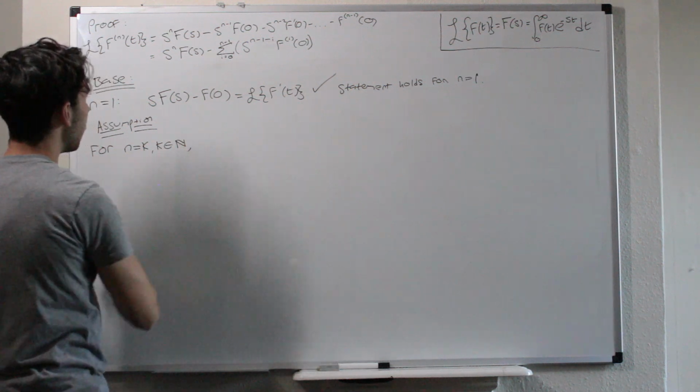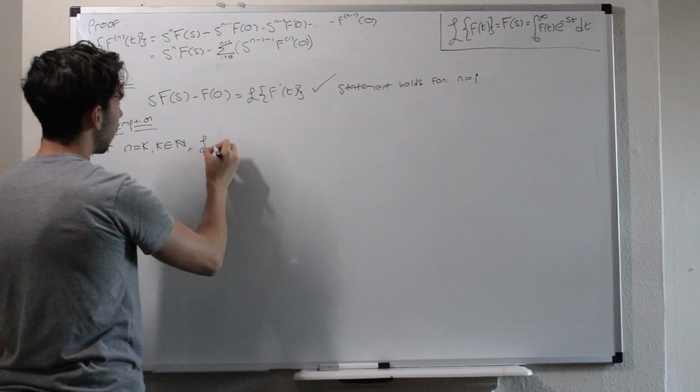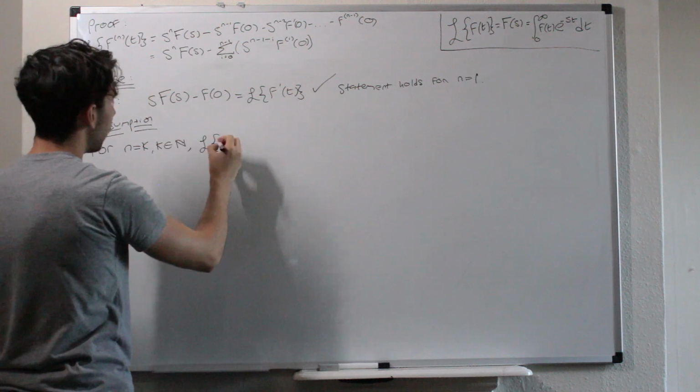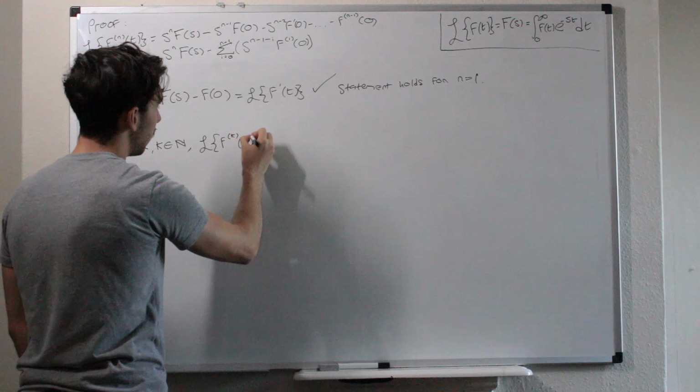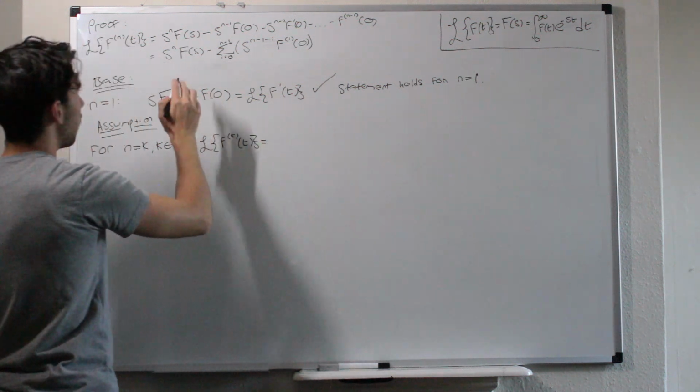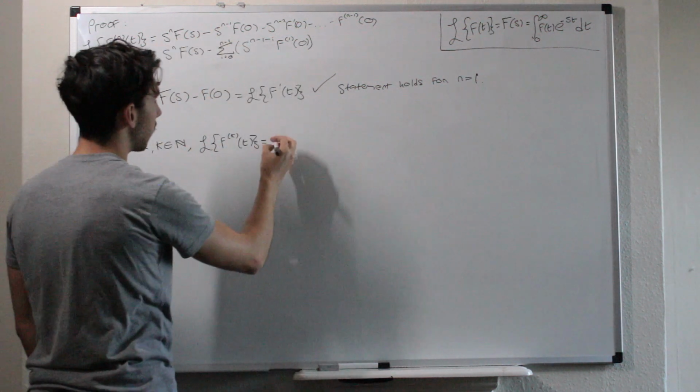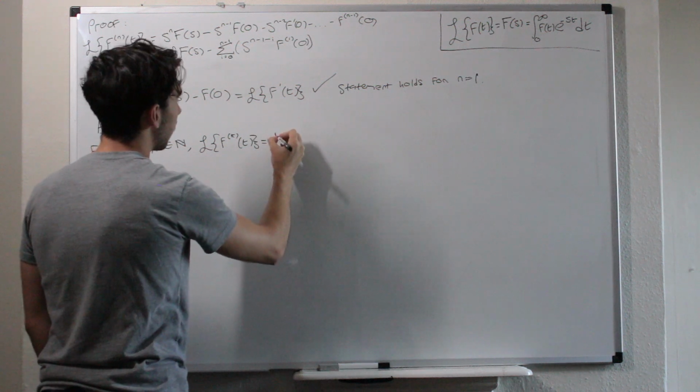So for this, we've got that the Laplace transform of the kth derivative of f of t is just, and I'm literally going to copy out this very top line, but I'm going to replace the n's with k's.